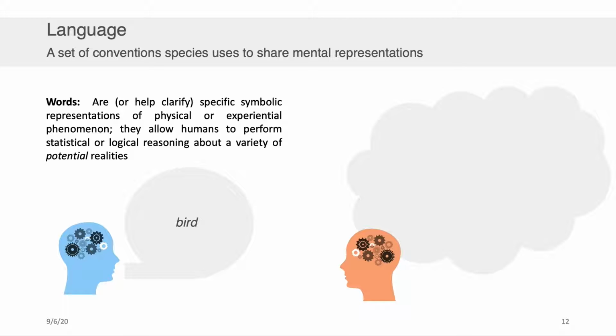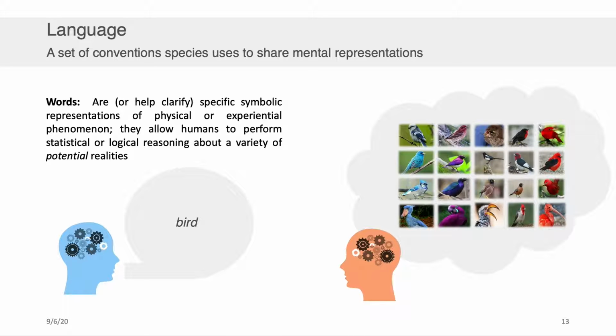Because when I say tree, there's probably a huge number of words that you've seen that match that very general description. So the way to think about the connection between language and thought is more like a distribution. If I say the word bird, there's actually a set of birds that exist in your mind that you've previously seen. Those birds probably share some properties like they have beaks, they have feathers, they fly, etc.